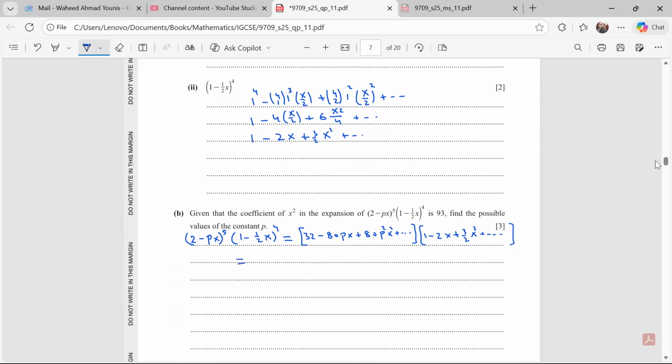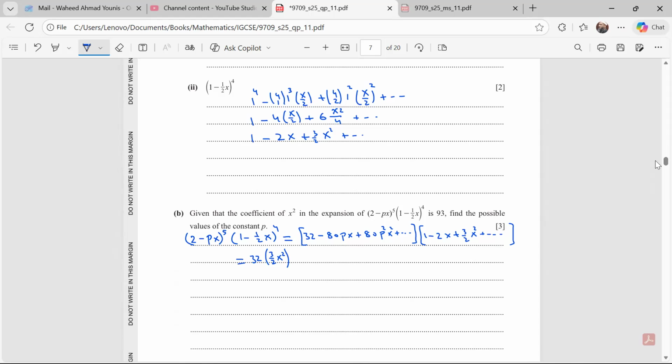Now, if I multiply them together and pick the terms which have only x squared in them, for example, 32 times the third term here, which is 3 by 2 x squared. So it has x square in it.